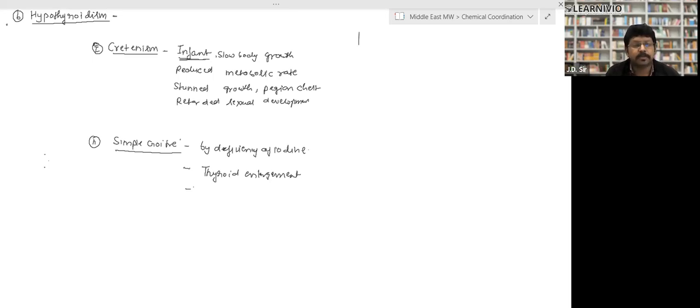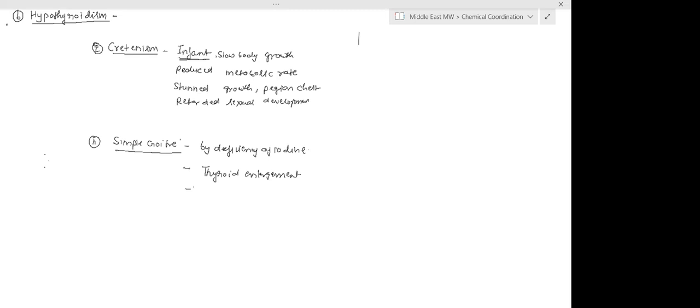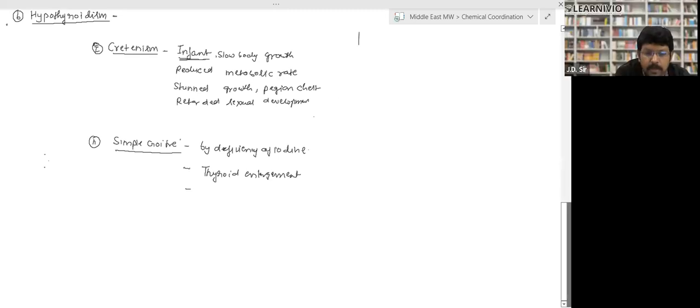So in cretinism as well, the person remains in the same situation till adulthood, and it cannot be recorrected. Simple goiter can be recorrected because it is due to deficiency and takes place in the adult stage, but cretinism cannot be controlled. Clear? Okay, so put the next heading: parathyroid gland.